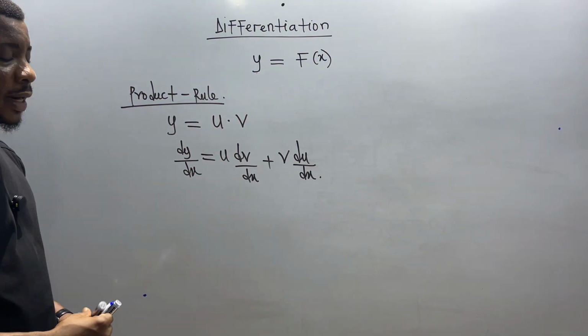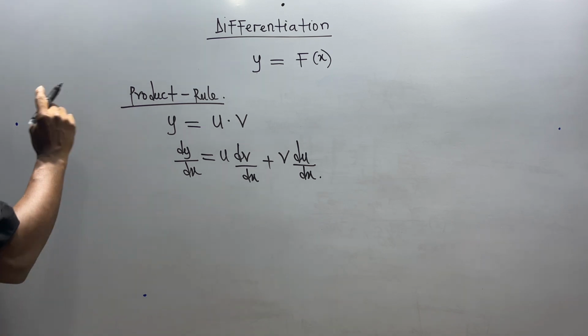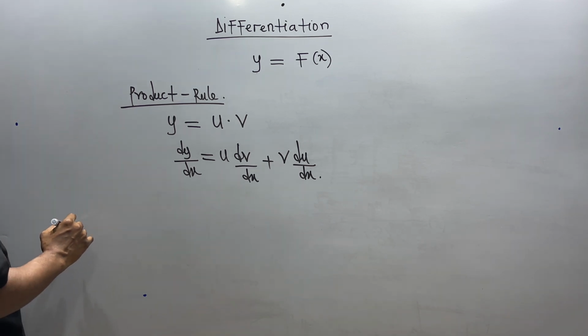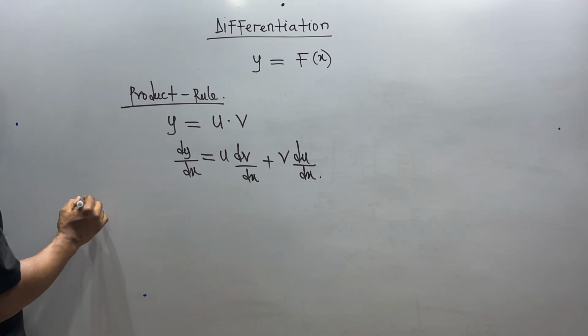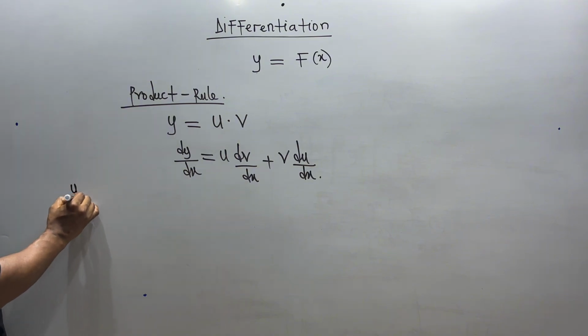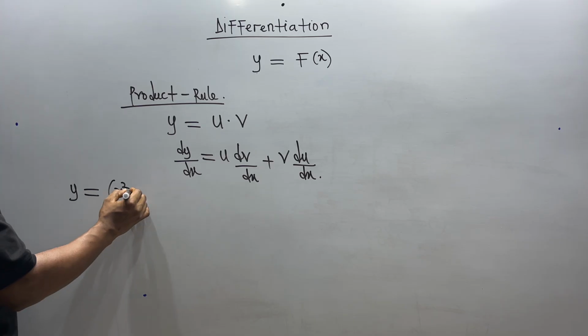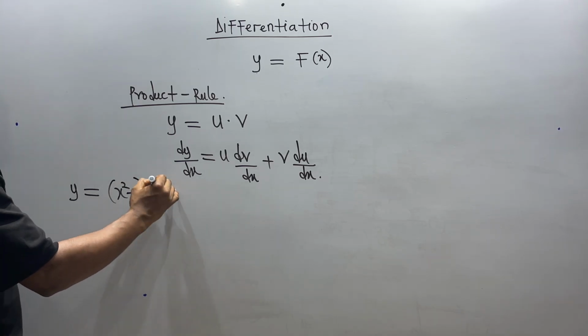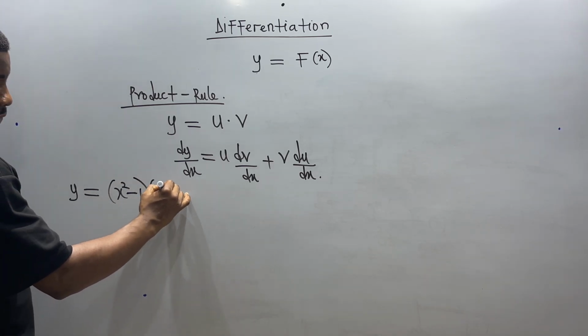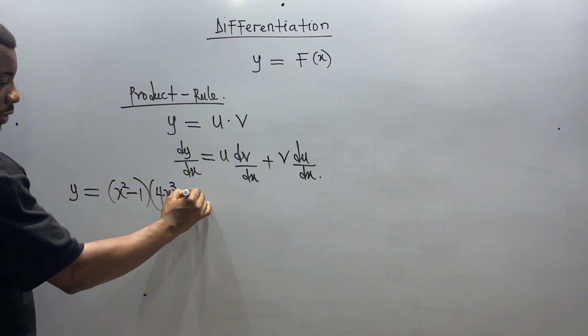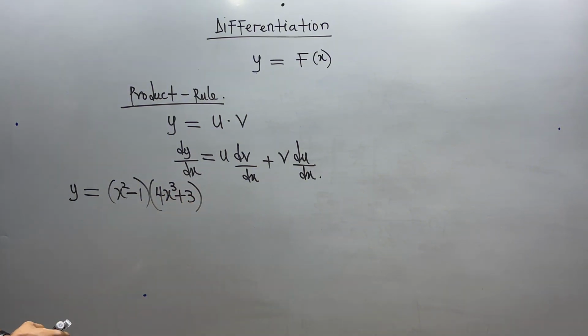That's product rule. Now, let's assume that I have something like this. For instance, I have that y is equal to x squared minus 1 multiplied by 4x cubed plus 3.